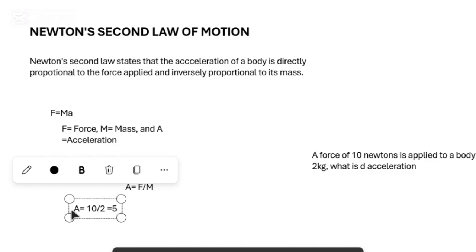So that means our acceleration is 5 meters per second square.